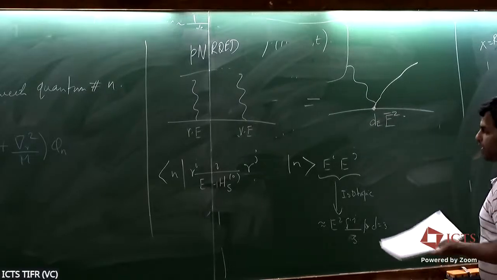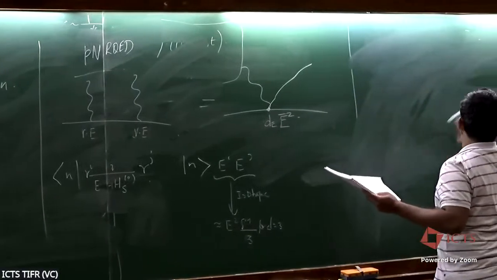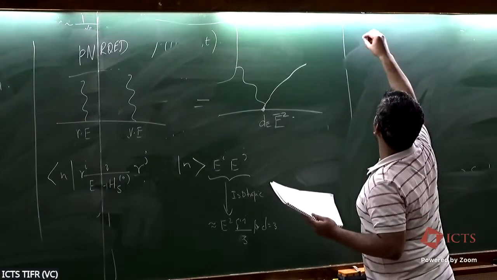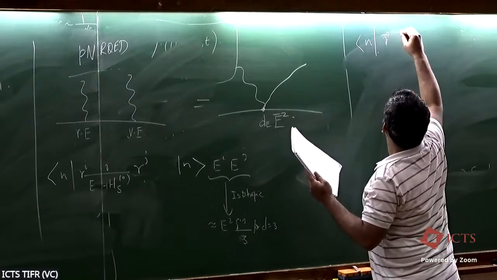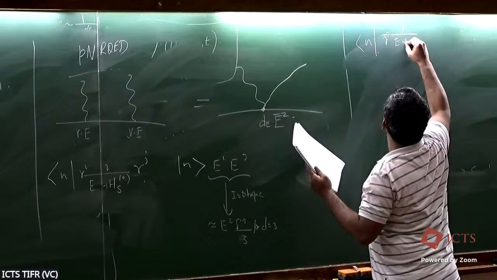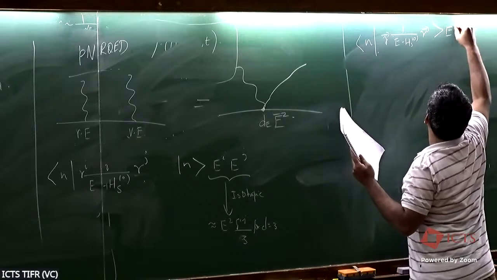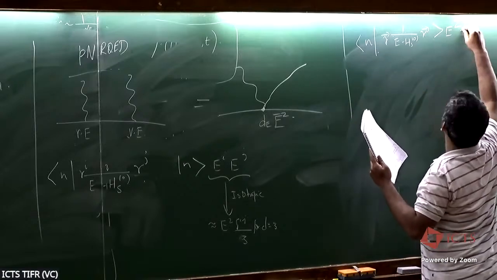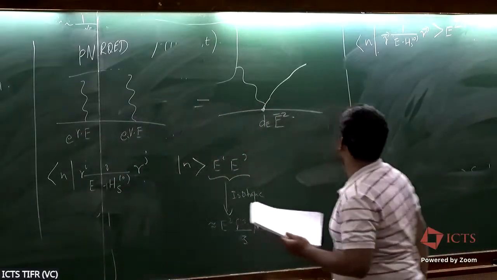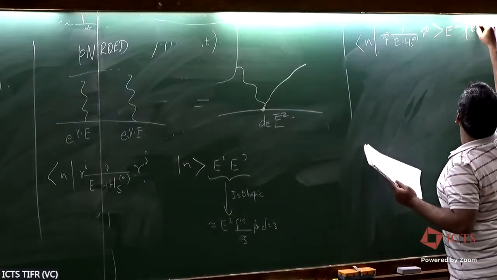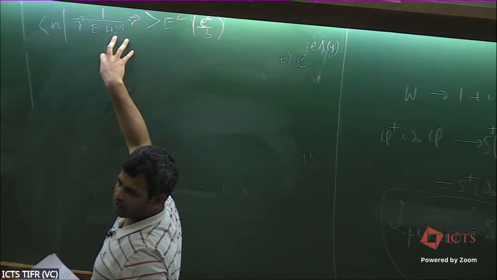And so on the left-hand side, what I have is n, R dot 1 by E minus H S0 R, E squared times minus E squared by 3. So these are factors of E sitting here that I have not accounted for properly. Now to make sense of this, you have to introduce a complete set of states for the Hamiltonian.